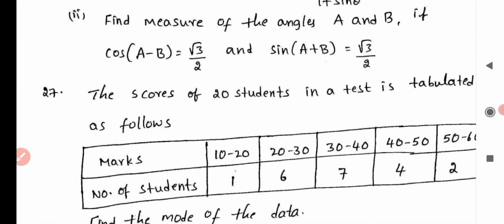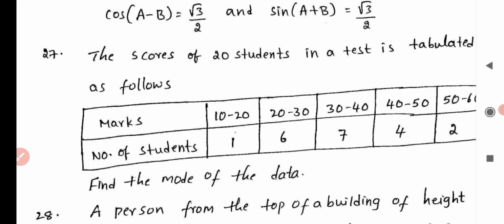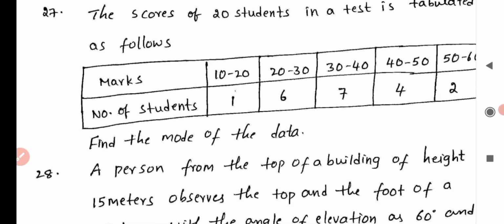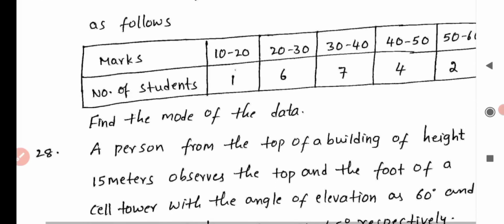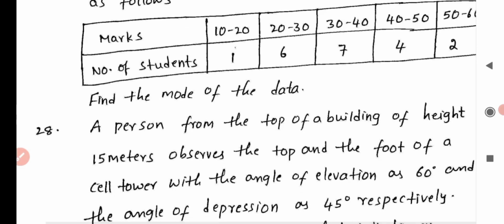The scores of 20 students in a test are tabulated as follows. Here given marks and number of students: 10 to 20 has 21, 20 to 30 has 36, 30 to 40 has 47, 40 to 50 has 54, 50 to 60 has 62. Find the mode of the data.